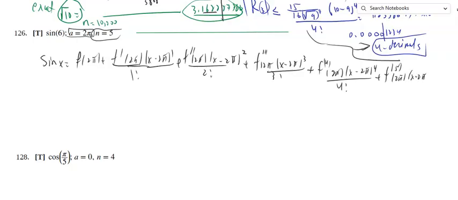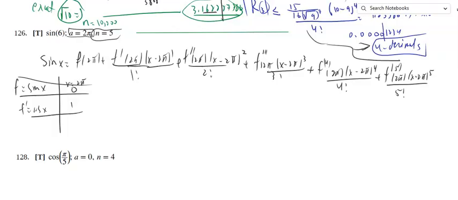And the reason they want me to go to 5, because you should know f equals sine of x evaluated at x equal 2 pi, that's 0. F prime is the cosine of x, that's 1. F double prime is negative the sine of x, that's 0 at 2 pi. F triple prime is negative the cosine of x, that's negative 1.